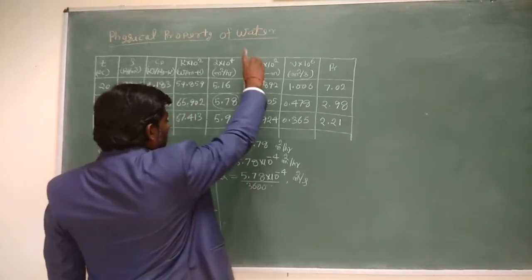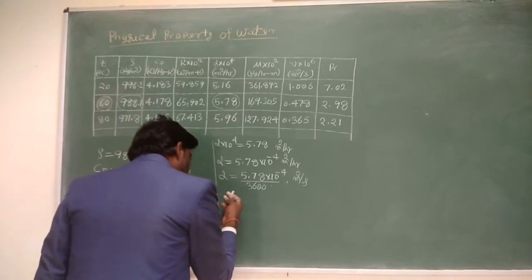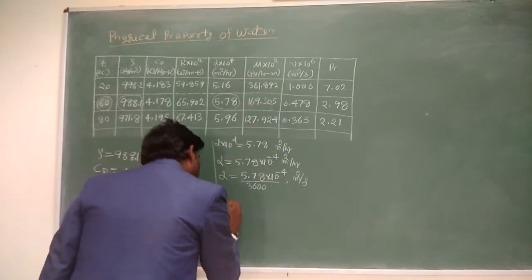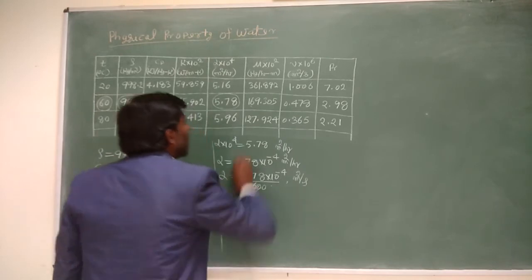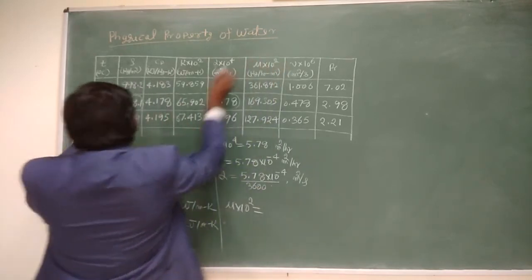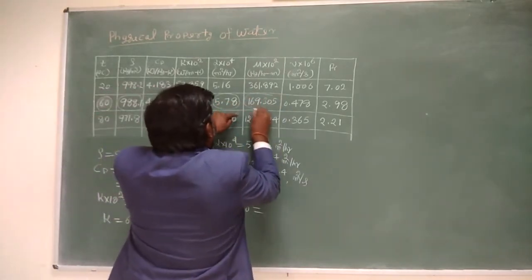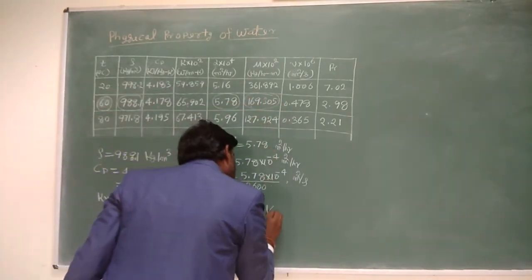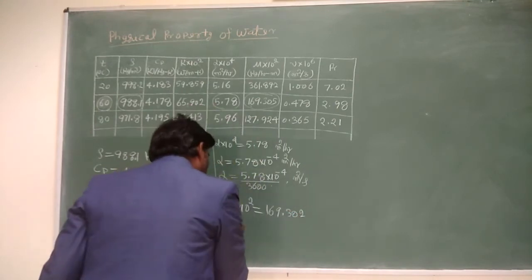Okay. Next is dynamic viscosity mu. So this mu into 10 to the power 2 is equal to, at 60 degrees centigrade, its value is 169.302.